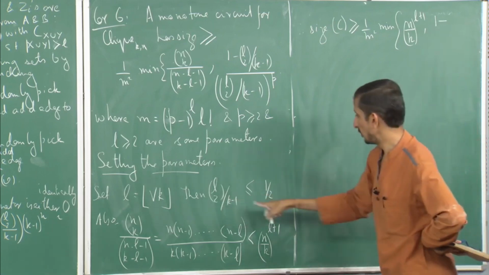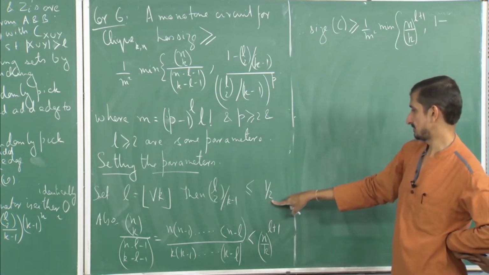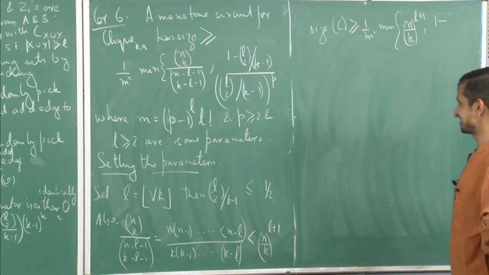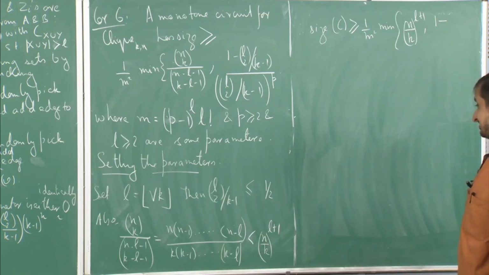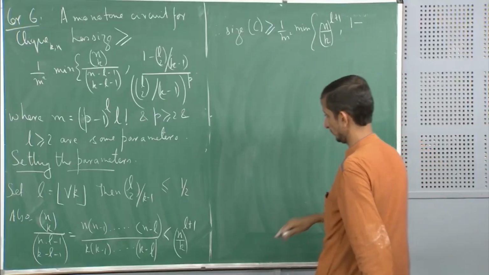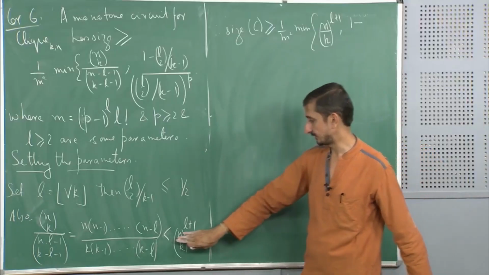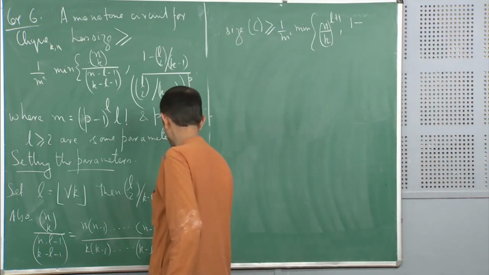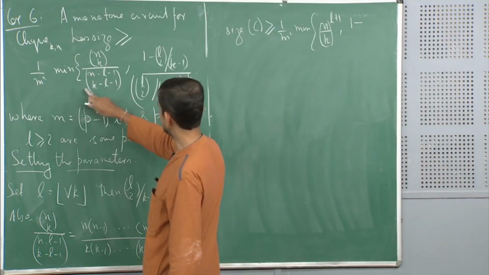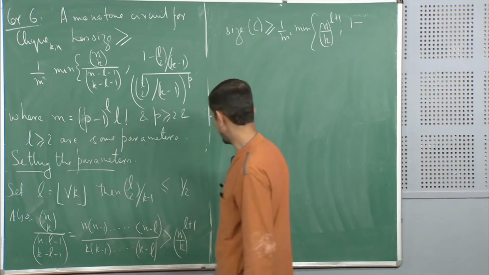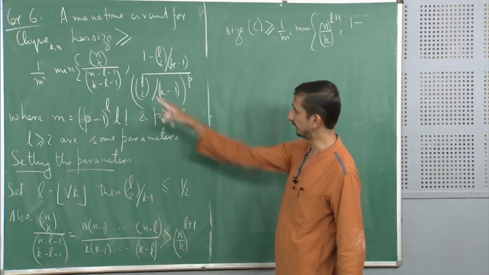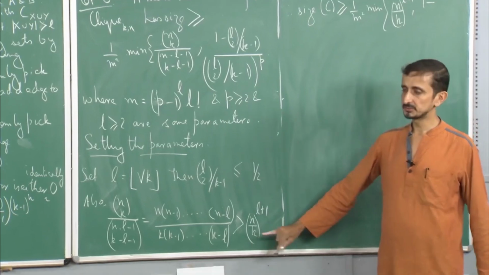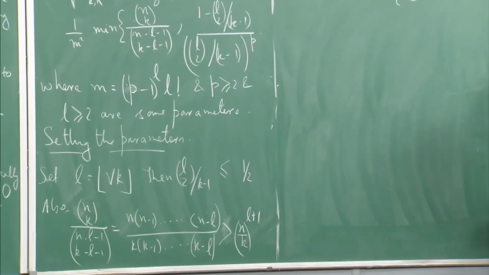minus, so this is lower bounded... no, so this is not implying this, right? So actually this should be greater than, here, because if the size is bigger than this, then only if I have a smaller quantity can I say it is bigger than the smaller quantity as well, right?